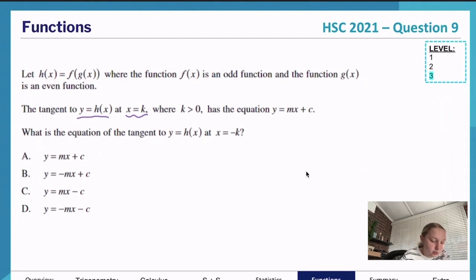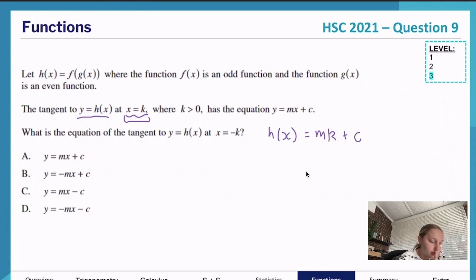So they intersect, so then our h(x) is going to have the general equation mk + c. Okay, because x = k, we can put that in because that's where our tangent is going to exist.